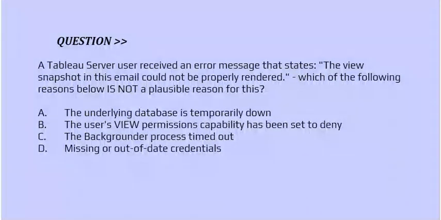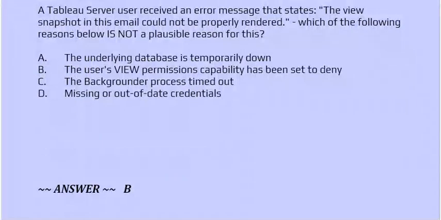Option B. The user's view permissions capability has been set to deny. Option C. The backgrounder process timed out. Option D. Missing or out-of-date credentials. Correct answer is option B.